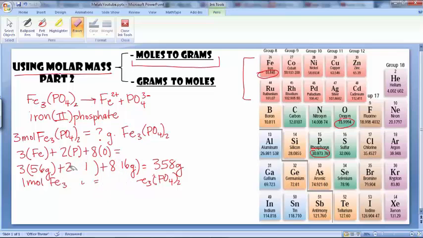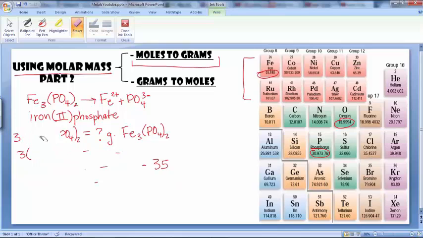You want to go through the same steps that's shown in the text, and see if you can arrive at the same answer.